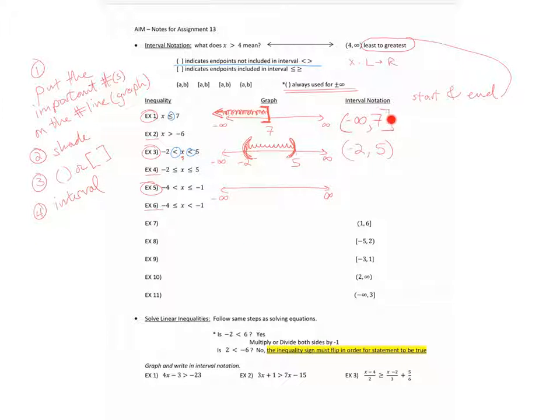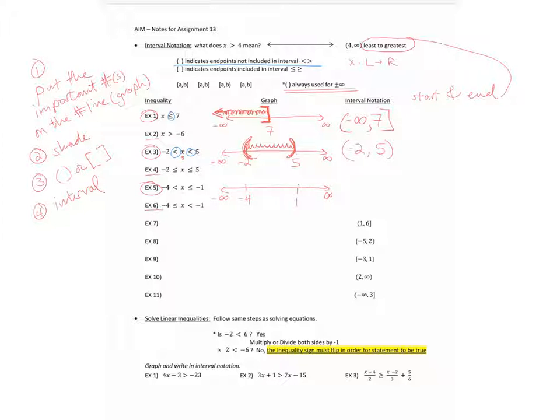Now you can already see from this first example, we don't have to have a square bracket on both sides. We can have some sort of mixture. It was just kind of nice that we had both parentheses here. But for this last one, we're going to do something very similar. So I've got that -4, I've got that 1 over here.